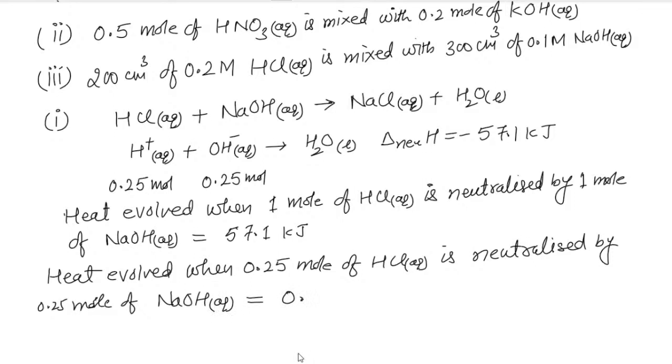For 1 mole it is 57.1, so for 0.25 mole it is 0.25 into 57.1. So the value comes out to be 14.273, or we can write simply 14.3 kilojoule.